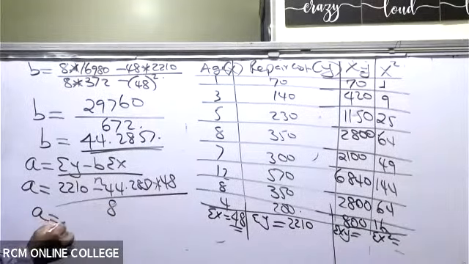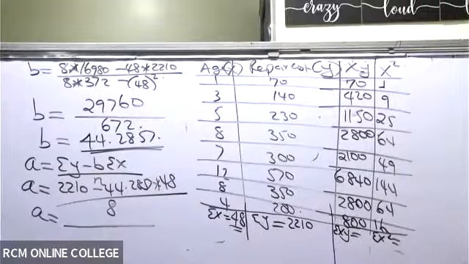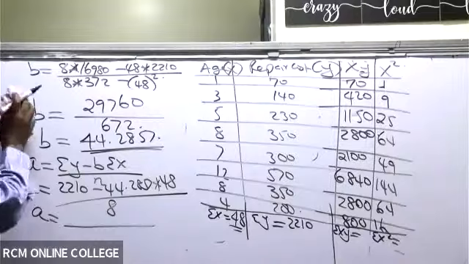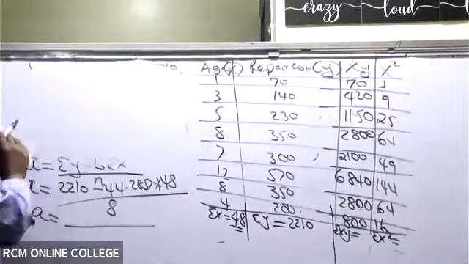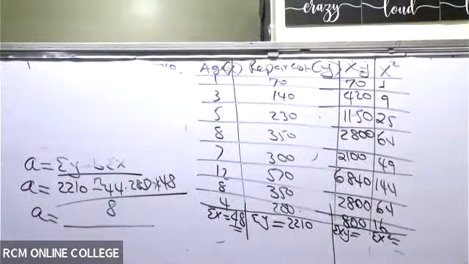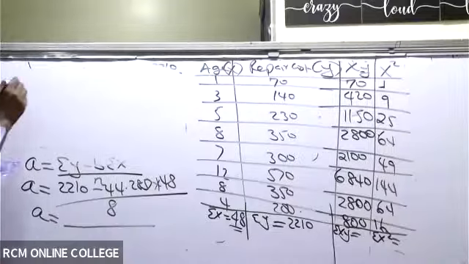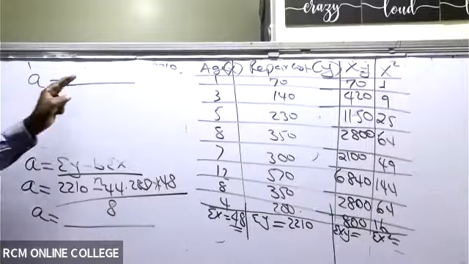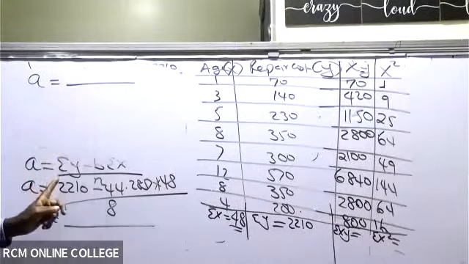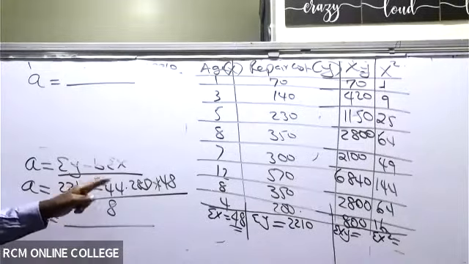So again, go slowly and give me the numerator. Is there somebody able to give me the numerator for getting the value of A? To get the numerator, we take 2210 minus 44.2857 times 48.